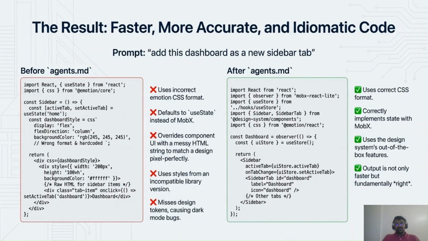After adding agents.md, we specified the specific CSS to use, the specific UI components like Material UI, and hooks such as use stores. You can see the difference between the code migrated before and after adding agents.md.